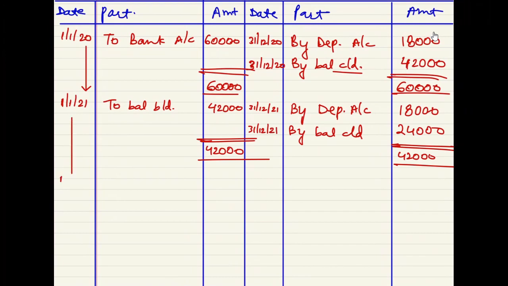Whatever is the closing balance in the last year, it will become the opening balance in the next year. So from 21, now I have come to 1st of January 22. This is the last year which the furniture will be used because the life of the furniture was only and only 3 years. So this would be opening to balance brought down 24,000.